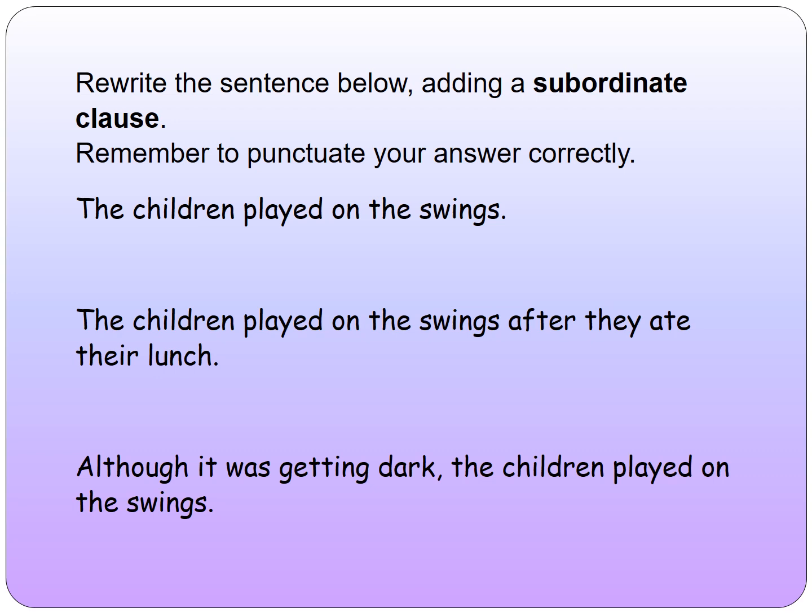Again, although is an example of a subordinating conjunction. Although it was getting dark is not a complete idea. It does not make sense on its own, therefore it is a subordinate clause. And both of my sentences start with a capital letter and end with a full stop. In the second example, you can see we have added more detail and we have needed to include a comma in that sentence.